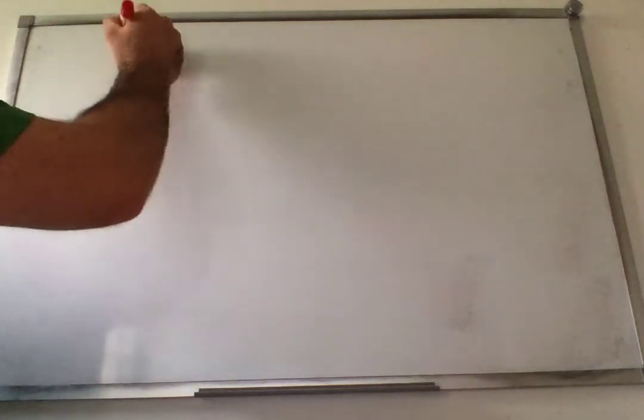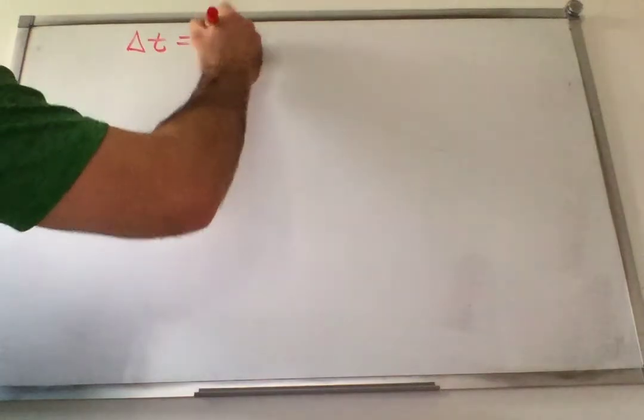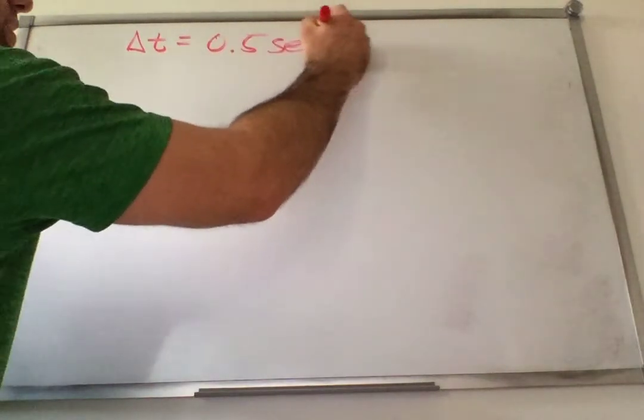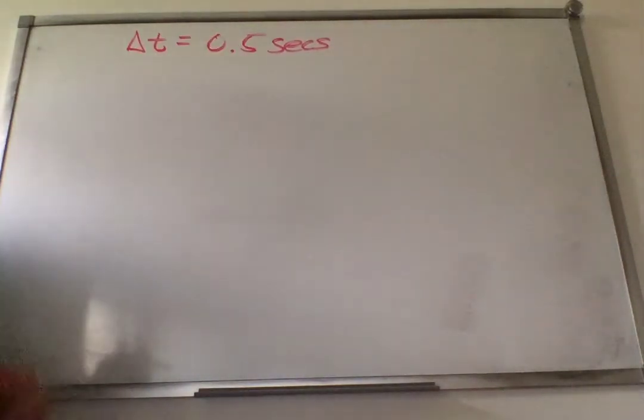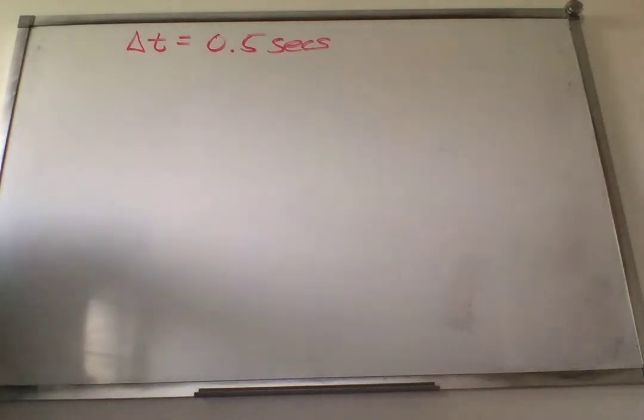So we have a radar gun on this person, and it reads every half second. So we know our delta t is 0.5 seconds. Every half second interval, it gives you a speed. Now, in that table, it says find the lower and upper estimates for the distance that she traveled during these 3 seconds.